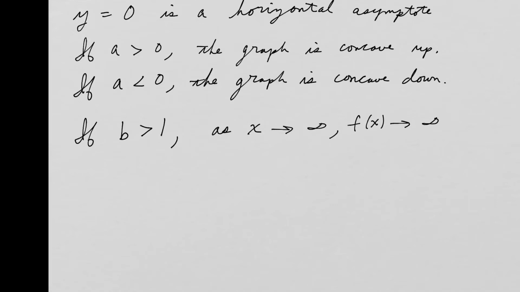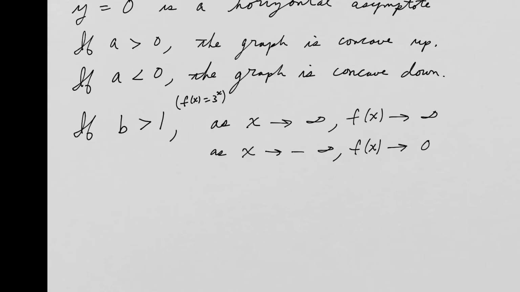For an example, this was our f of x equals 3 to the x. And if we go the other way, as x approaches negative infinity, the function approached the line y equals 0. It's approaching that horizontal asymptote.